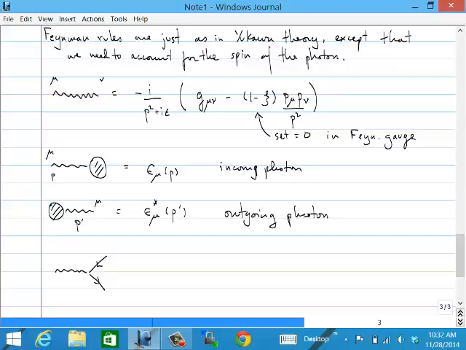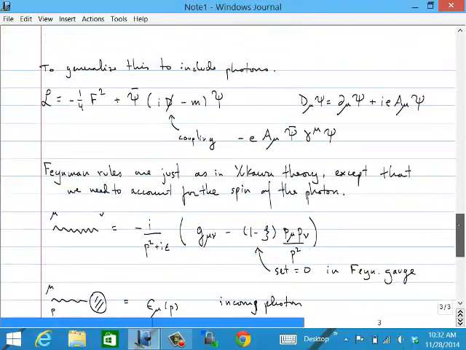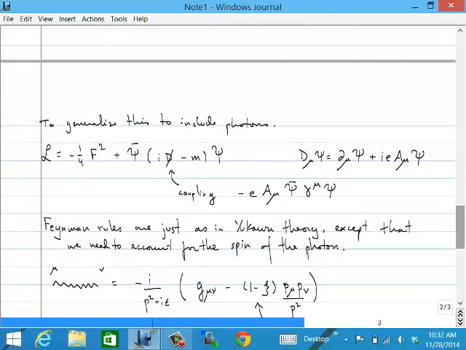That's a good question. For example, if you were to write down the generating function of a photon, say in scalar QED, you would have the integral d phi, dA, d psi bar, and then you would include the action.